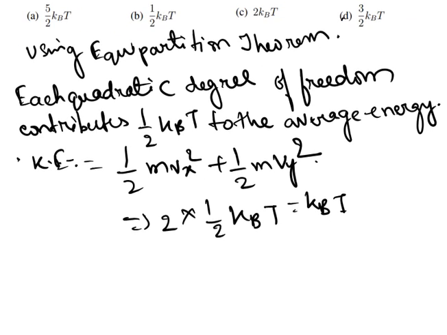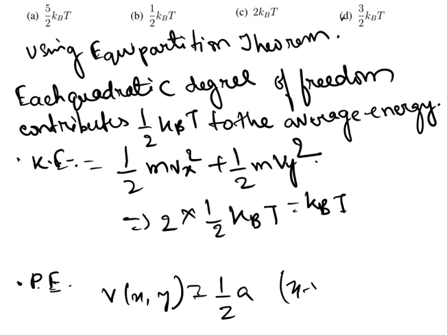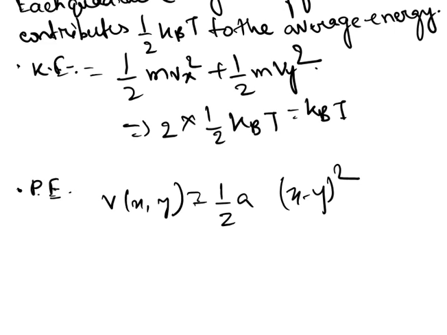Now the total potential energy. The potential energy is given by V(x, y) equal to half a times (x minus y) whole squared. So let u equal x minus y and v equal x plus y.